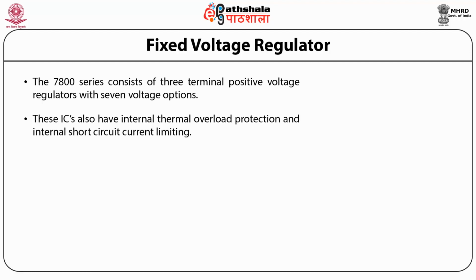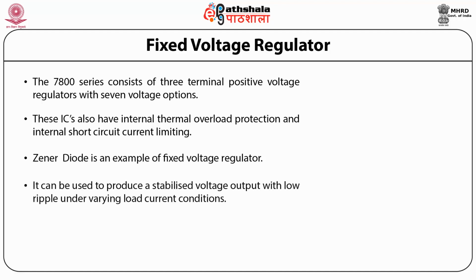Now students, the Zener diode is also an example of a fixed voltage regulator which can be used to produce a stabilized voltage output with low ripple under varying load current conditions.